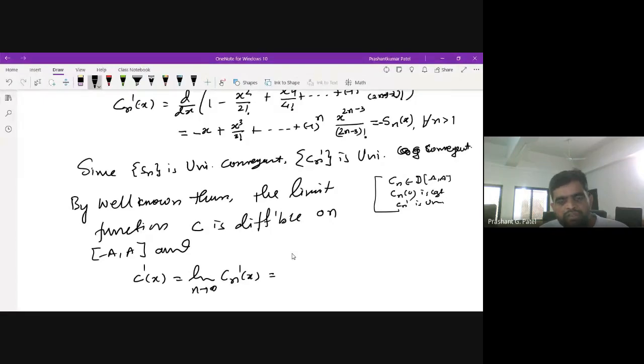But Cn dash of x we have concluded is minus of Sn minus 1 of x, so this is minus of S of x for all x in minus a to a. Here you will have minus 1 because it is 2n minus 3.